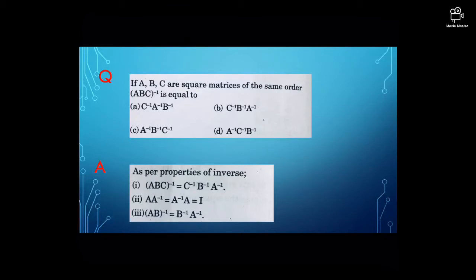The same way, ABC whole inverse is reversed, that is C inverse into B inverse into A inverse. And also we know that A into A inverse is equal to A inverse into A, which is equal to I. So the answer for this question will be C inverse into B inverse into A inverse. That will be option B for this question.